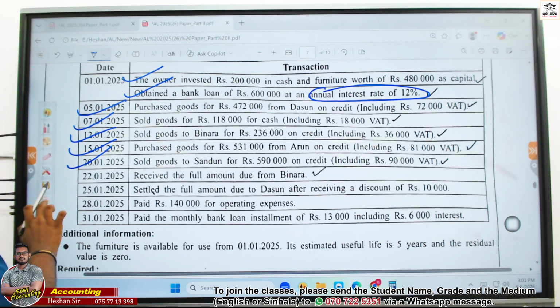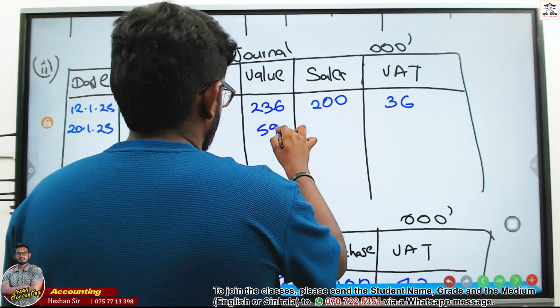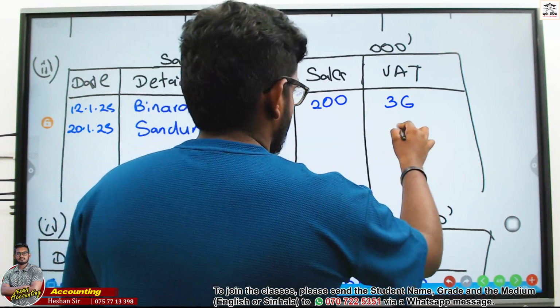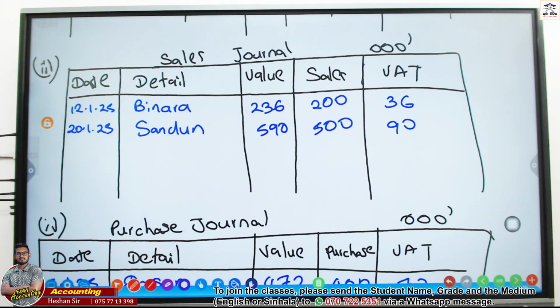In 590, right? So 590, including 90,000 VAT. Sales is 500. Sales is 500. Right.